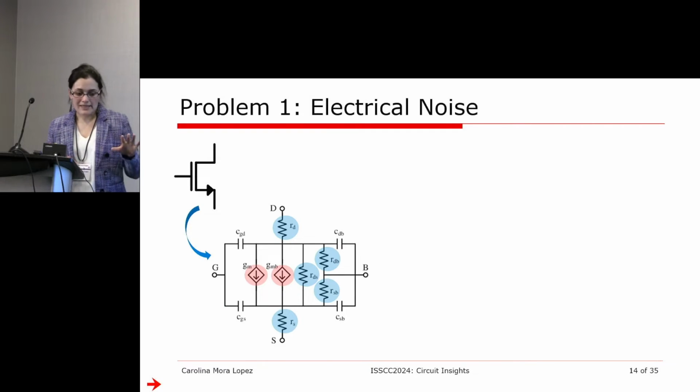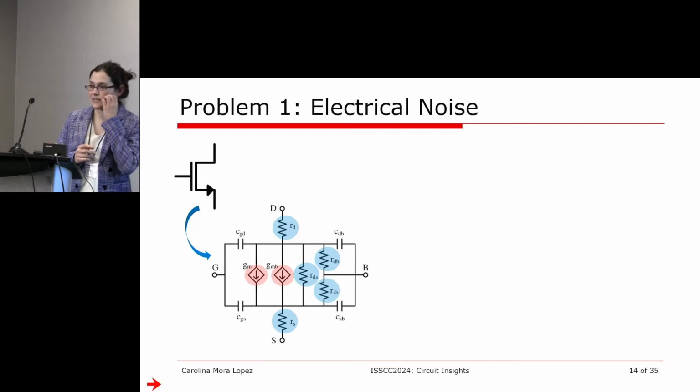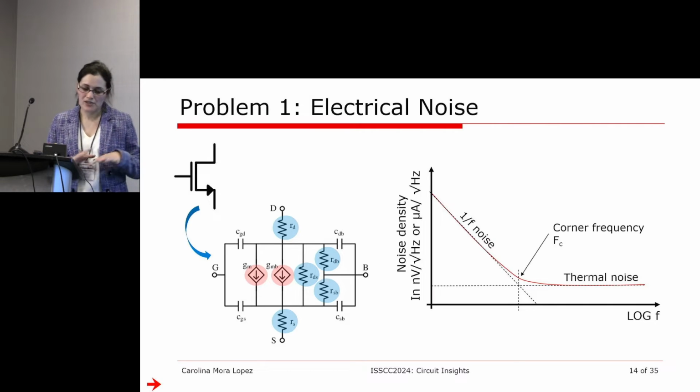If we look at the small signal model of a transistor, you have passive components such as resistors and capacitors, but also active components that are modeled by current sources. So it is expected that a transistor will generate both thermal noise and flicker noise. The blue here represents your thermal noise source, the pink your flicker noise source. The noise spectrum of a transistor should look something like this.